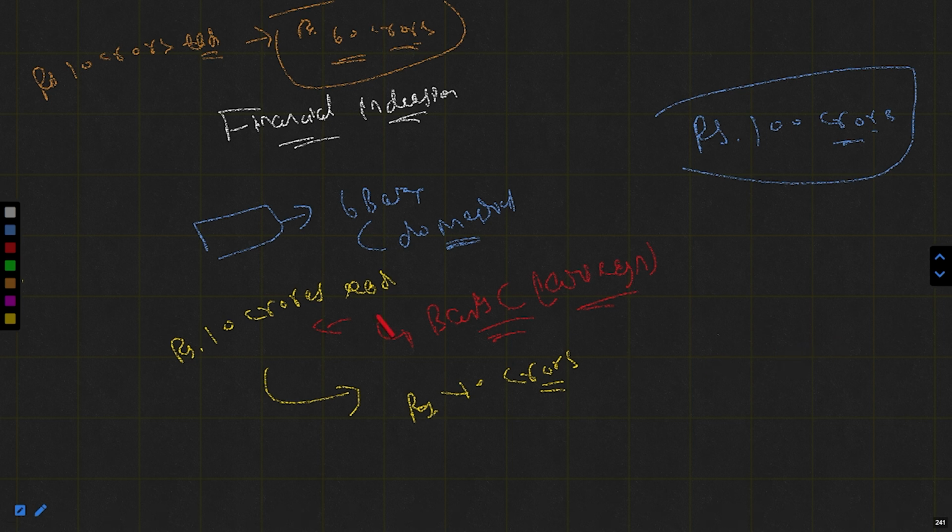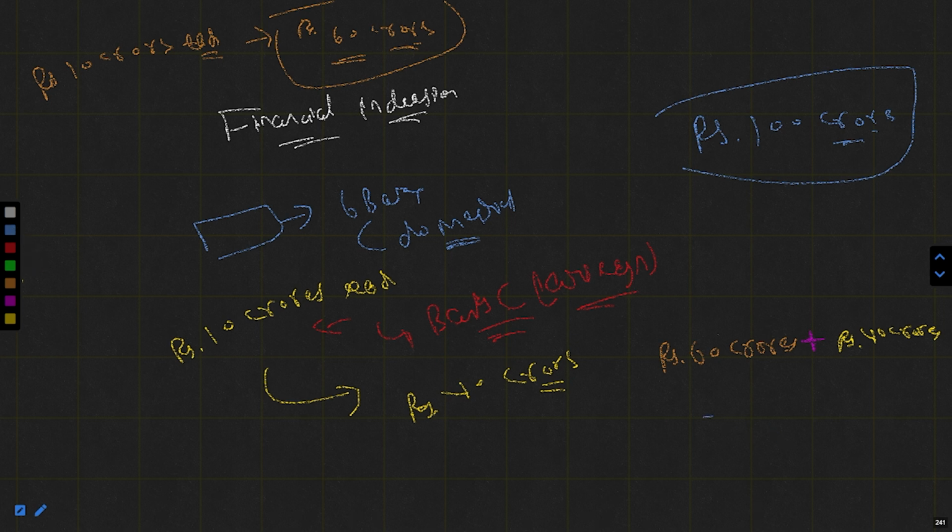Okay, let me write down again. Rupees 60 crores plus rupees 40 crores.